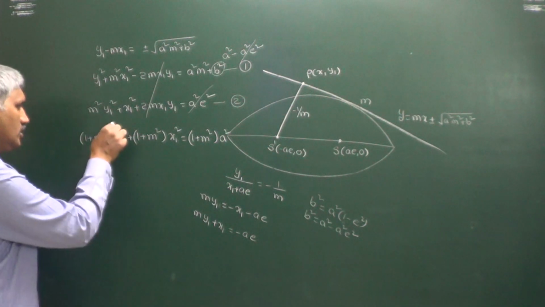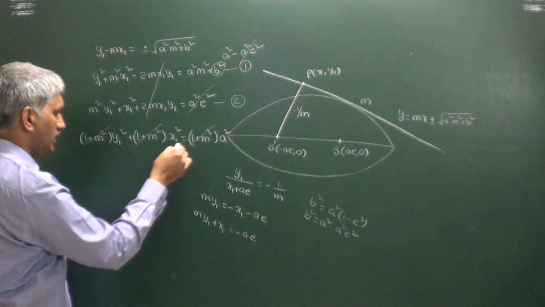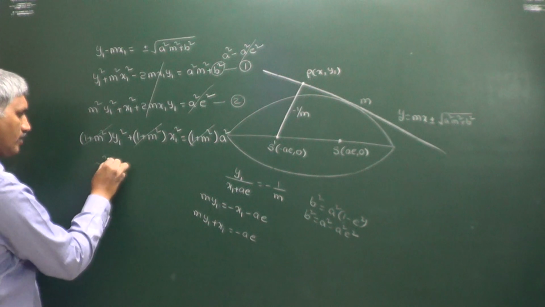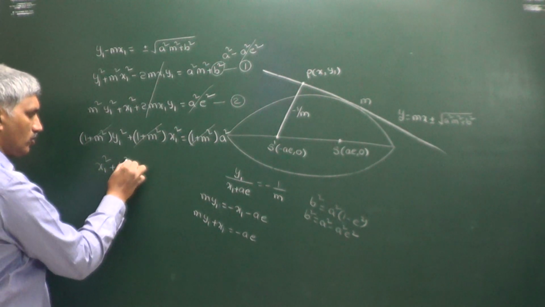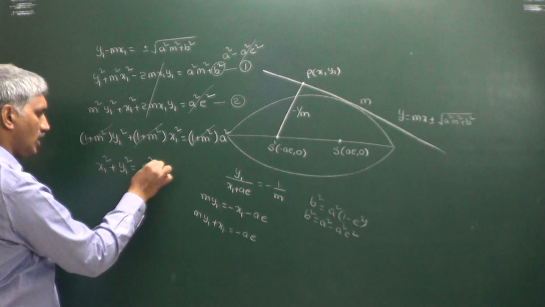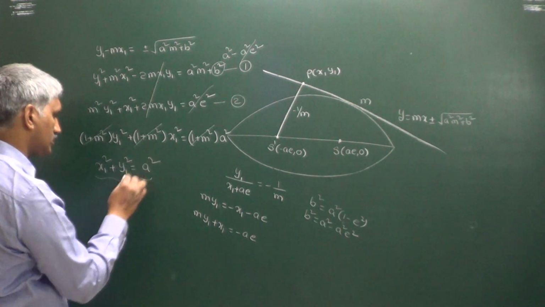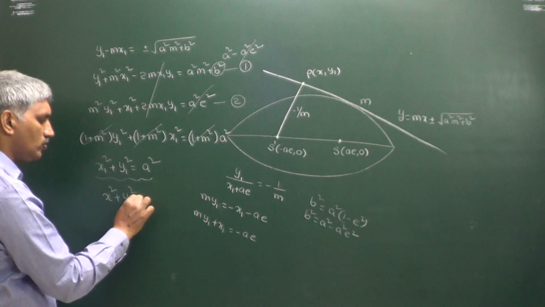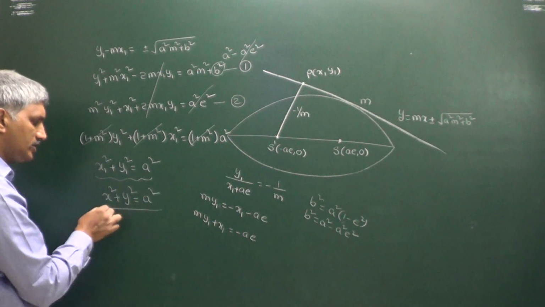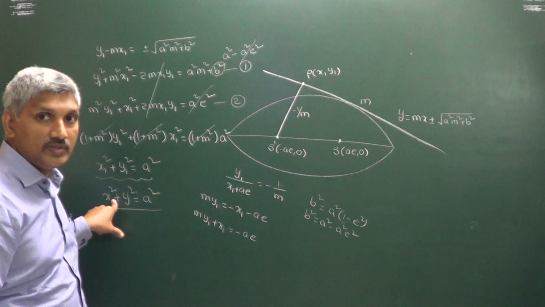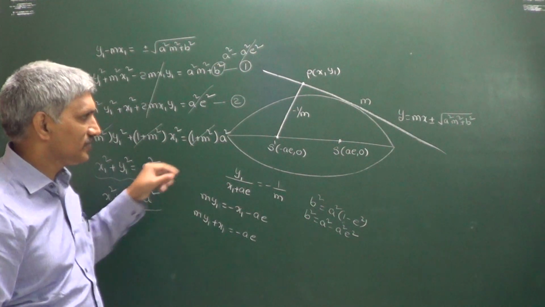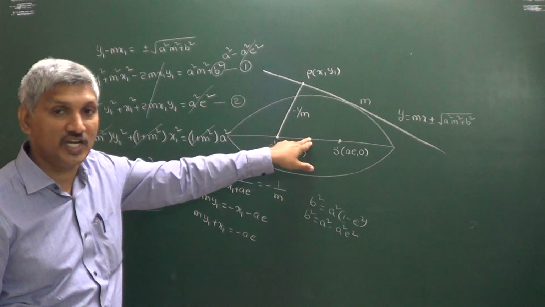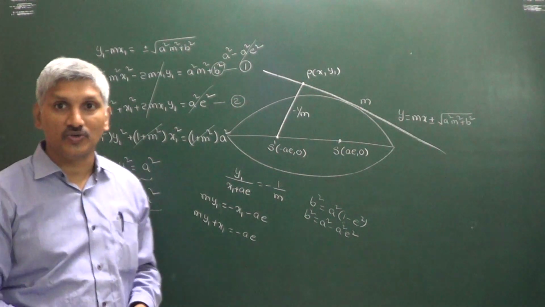Throughout the equation, 1 plus m square cancels, and we get x1 square plus y1 square equals a square. Now the locus of the point (x1, y1) is given by x square plus y square equals a square, which is a circle whose center coincides with the center of the ellipse. Radius is equal to a.